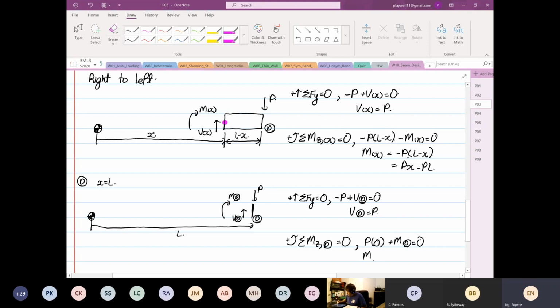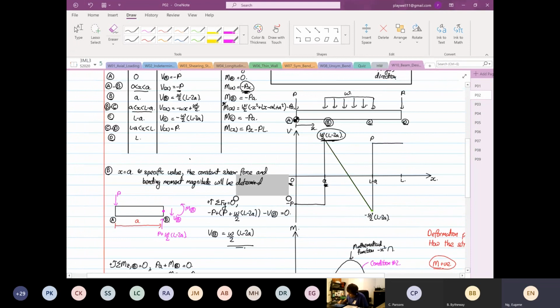So M at point D is equal to 0. So what we have over here is V at point D is equal to P, okay? And then moment at point D is equal to 0, okay?